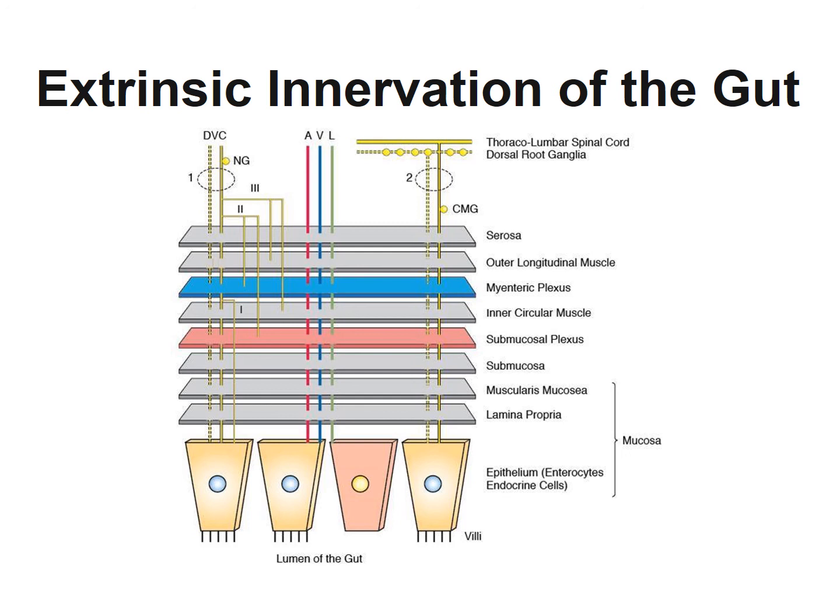And each of these nerves contain efferent fibers and afferent fibers. Fibers that send the signal to the central nervous system, and fibers that receive orders from the central nervous system and send them to the gastrointestinal tract.